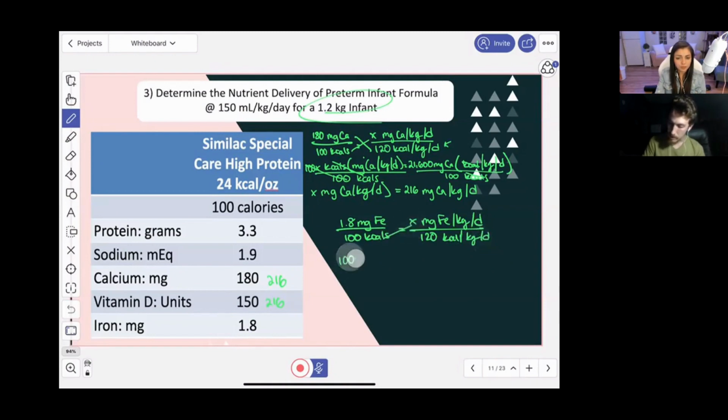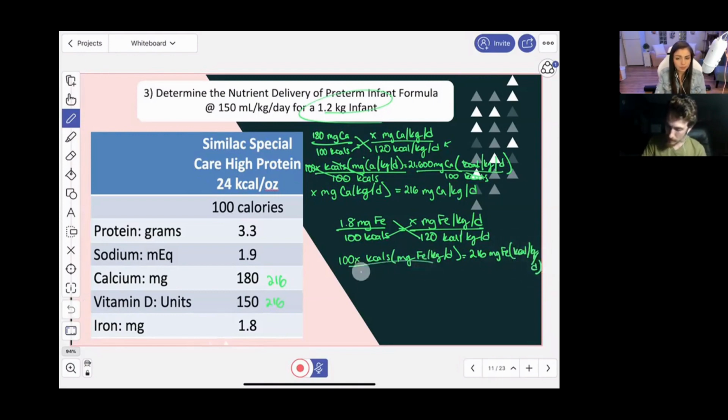We have our 100 times X kcals times milligrams of iron per kilogram per day equals 1.8 times 120, which would give us 216 milligrams of iron times calories per kilogram per day.